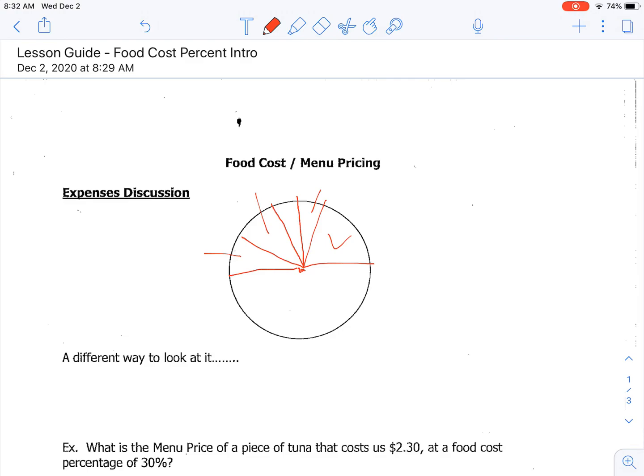Insurance on your building, depending if you own your building, you would have to pay for fire insurance or liability in case a customer gets hurt. Different types of insurance, employee medical coverage, things like that.